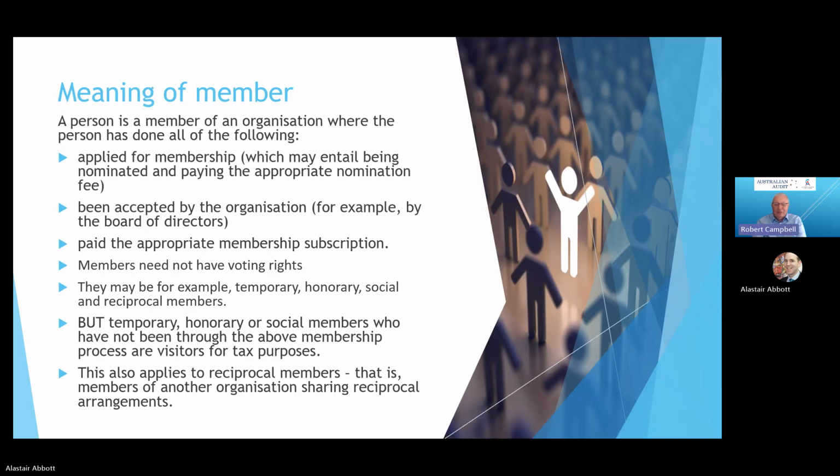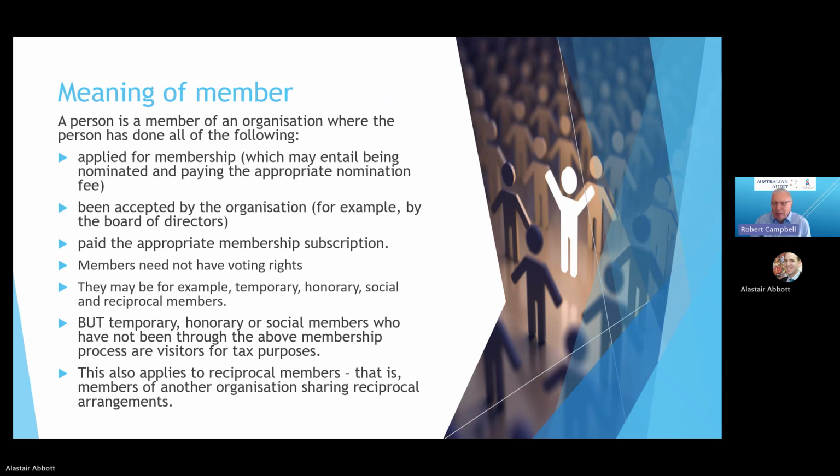But here we've got the meaning of member, and the ATO has really tightened up on this. In the past, you'd have a temporary members book, which was signed by an existing member, and you'd be a member for the night. Now, the rules for the meaning of member have been tightened.